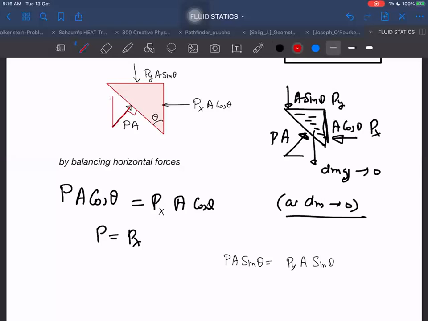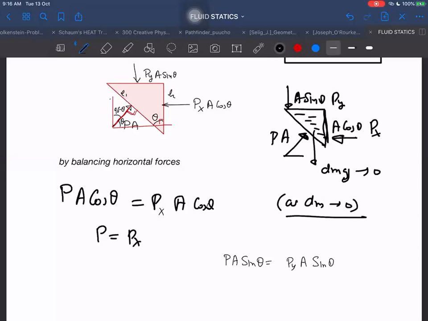So if I draw a horizontal line, this horizontal is perpendicular to the vertical line here, 90 degrees, and this is also 90. And the angle between line 1 and line 2 is theta. So the angle between their perpendiculars will also be theta here. So this will become 90 minus theta.